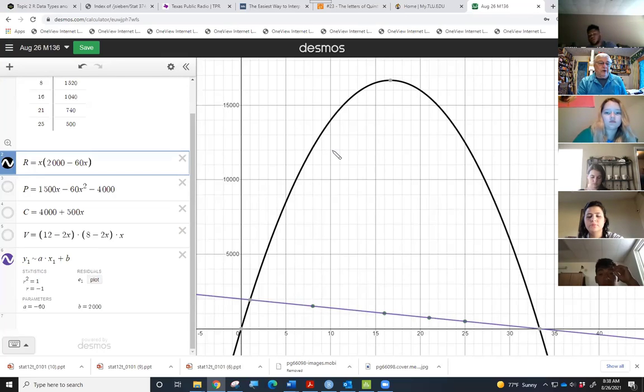So would you make 10,000 of these computers? Would that be your choice? Why not? Well, because I can get better revenue, can't I? If I would come up here and make about 16,700 computers, I could get better revenue.